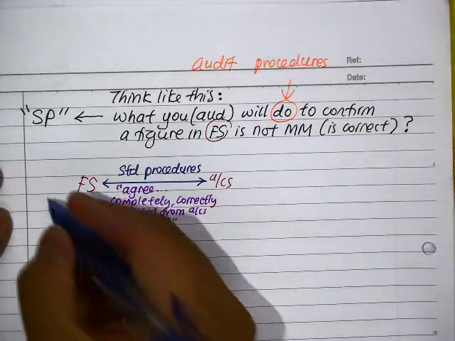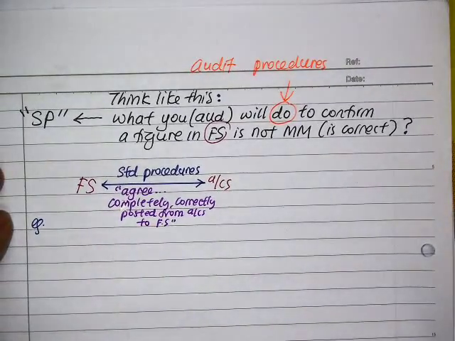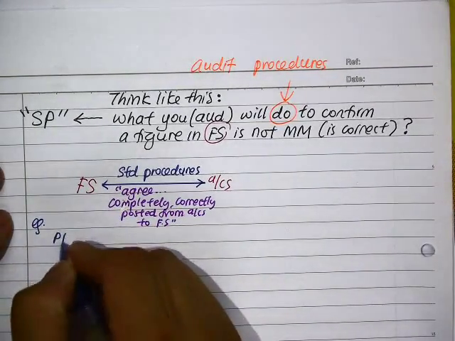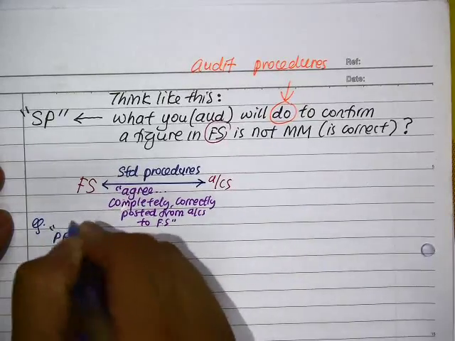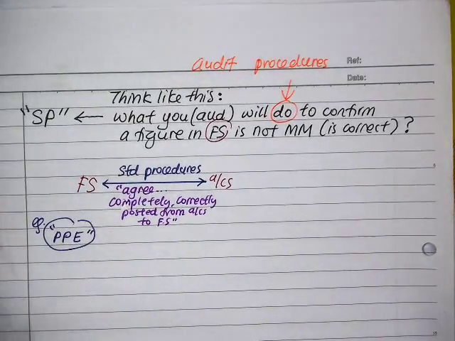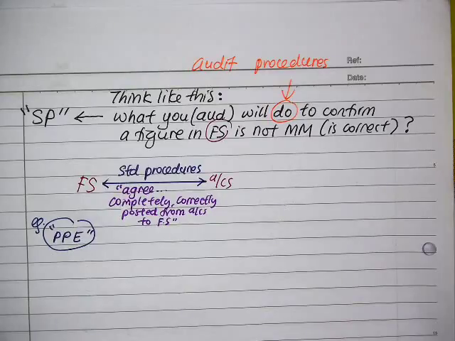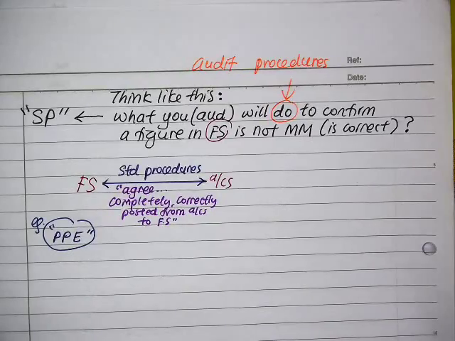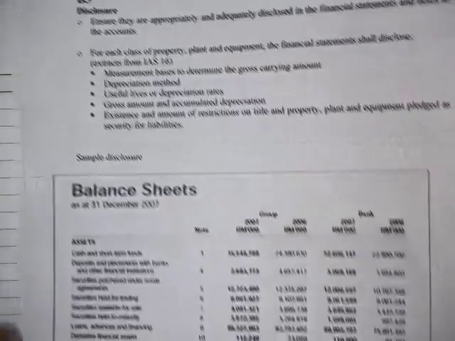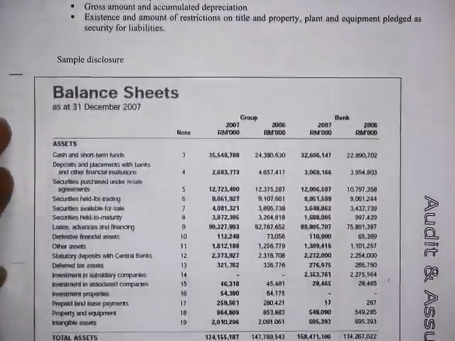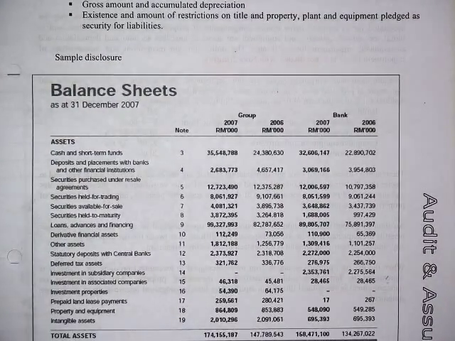Okay, so take example. We have your PPE. Now, I just show you. You don't need to turn. You just see it. Anyway, I don't think there's a need to change, so I didn't change this.